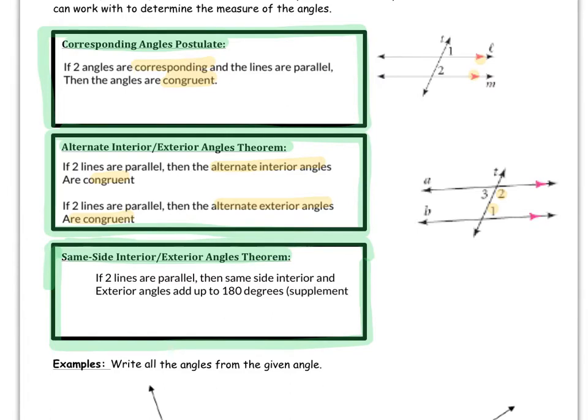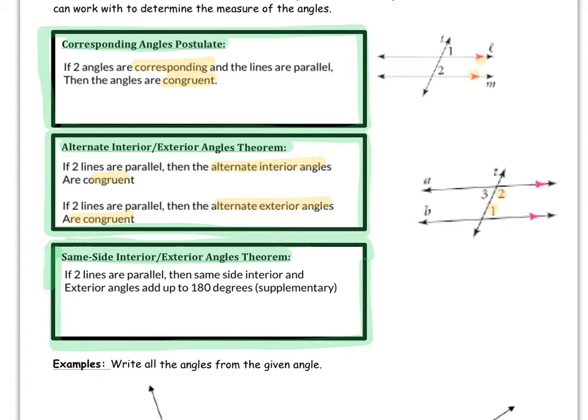Supplementary. If two lines are parallel, then same side interior and exterior angles add up to equal 180 degrees. I don't know where I got 120. 180 degrees, which means they're supplementary.